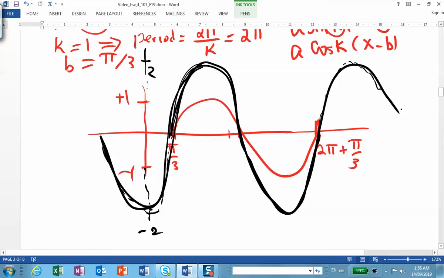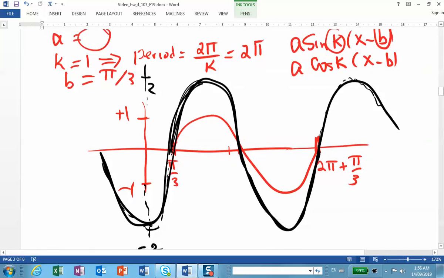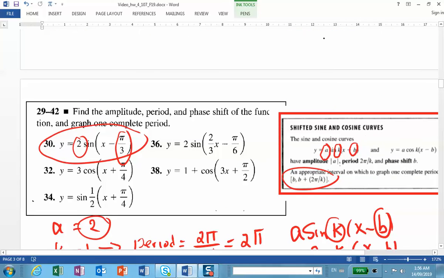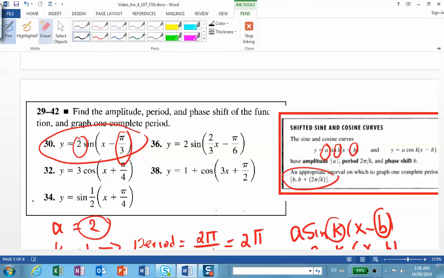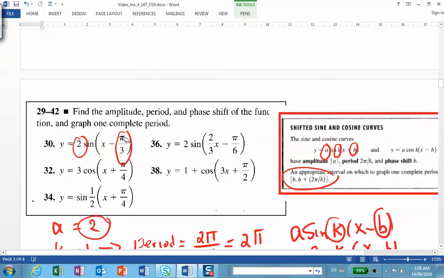All right, so that takes care of this black one. Let's clean this up. We're going to do 32.